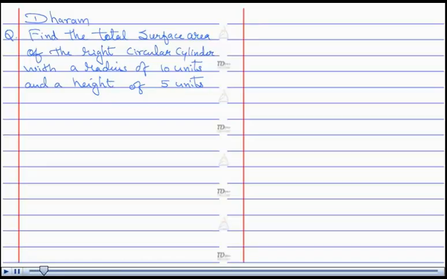The question is, find the total surface area of a right circular cylinder with a radius of 10 units and a height of 5 units. Solution.